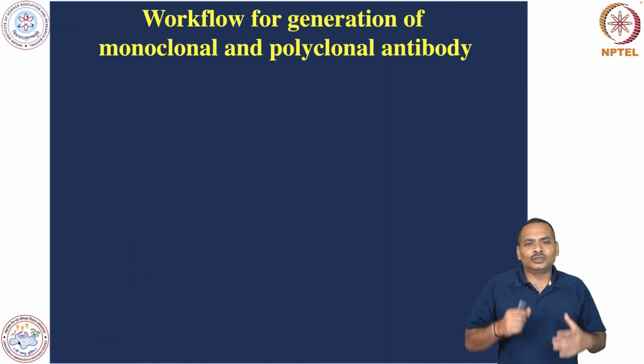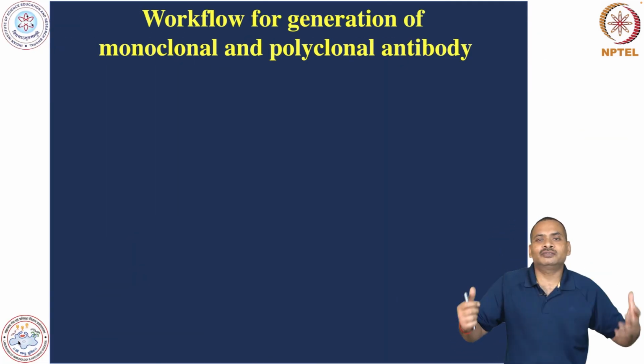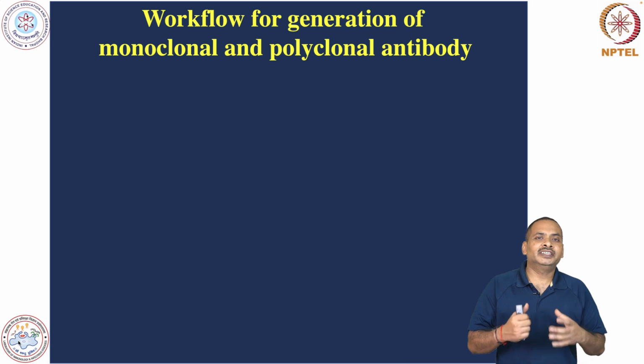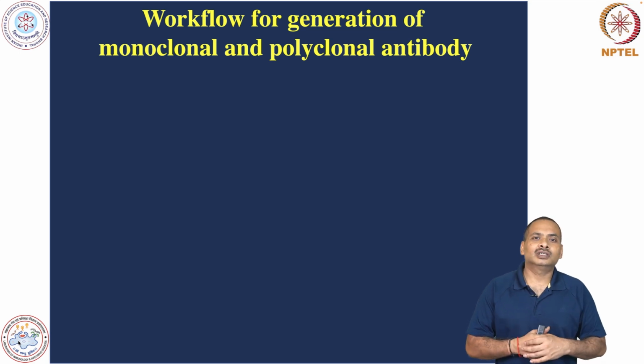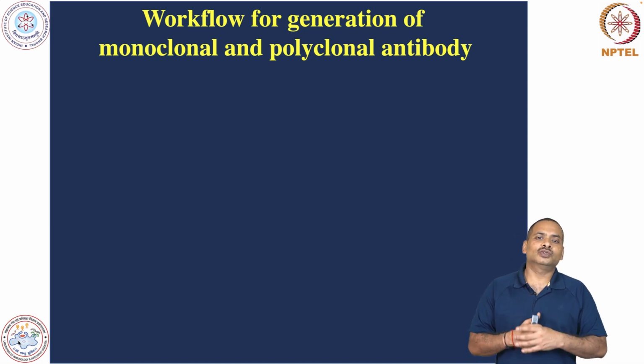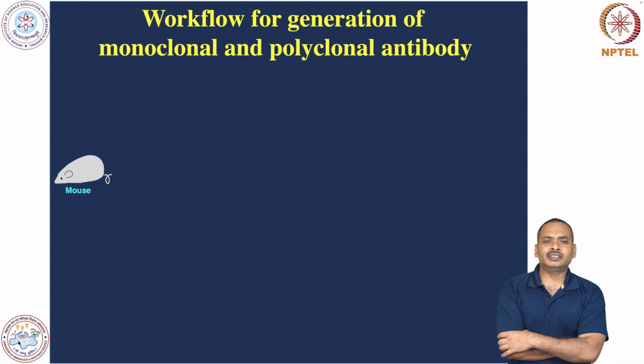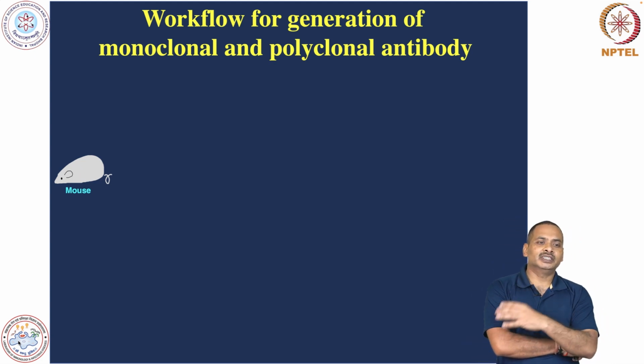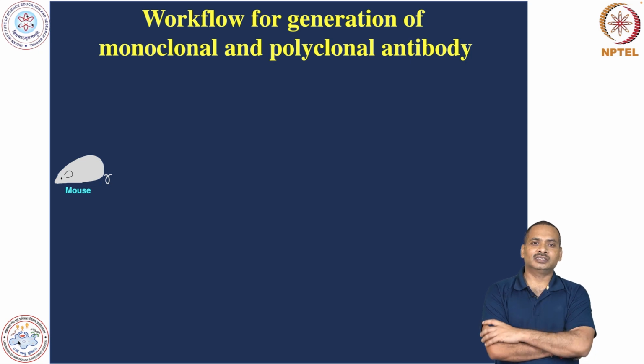Now, you have understood about the antigen and the epitope, and I want to show you the workflow for generation of monoclonal or polyclonal antibody. Here there is an experimental animal. I have made it a mouse, but you can use a rabbit.